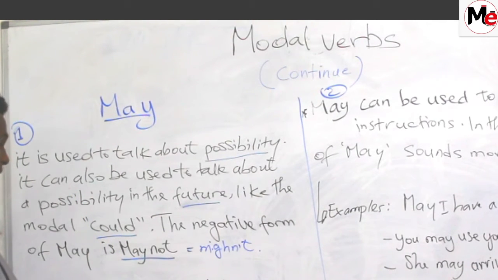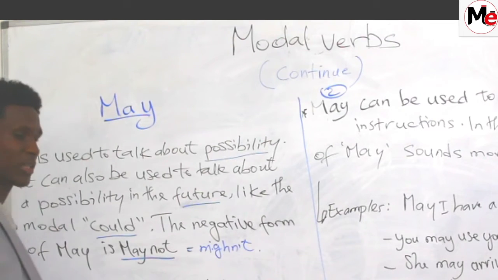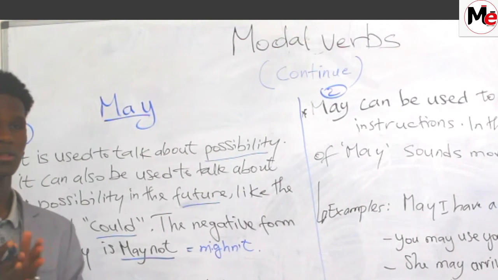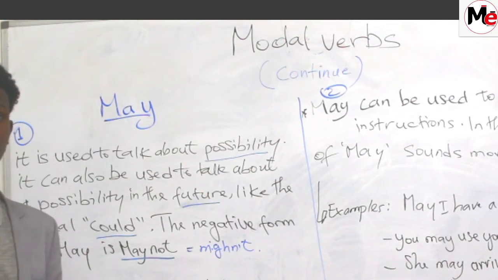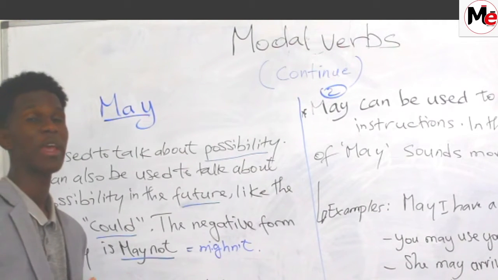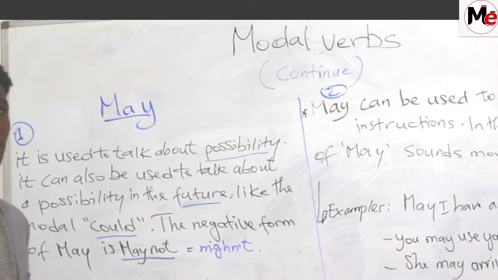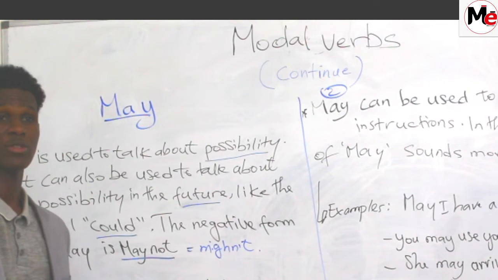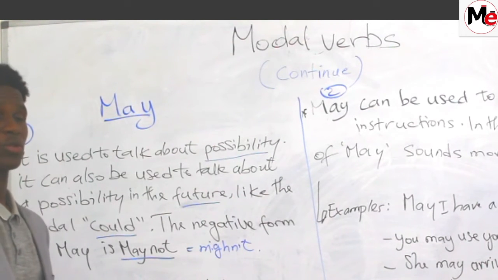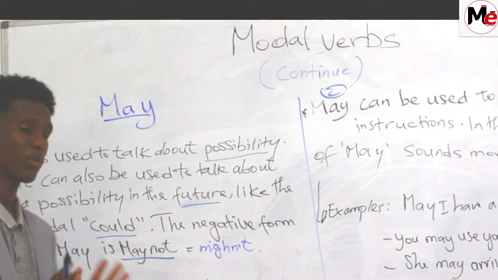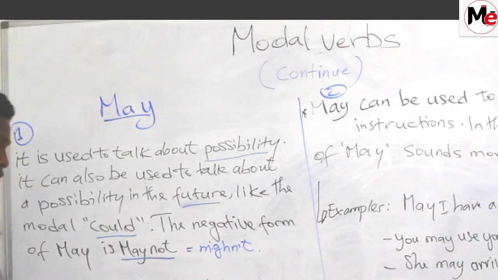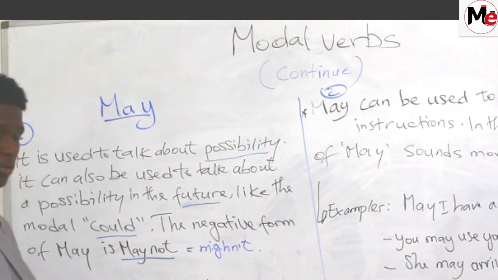And we may go to the cinema. So there's a possibility, maybe a 70% chance that we're going to be heading to the cinema tonight. And there's also a 30% chance that we are not going. And we continue with an example. It may snow tomorrow.